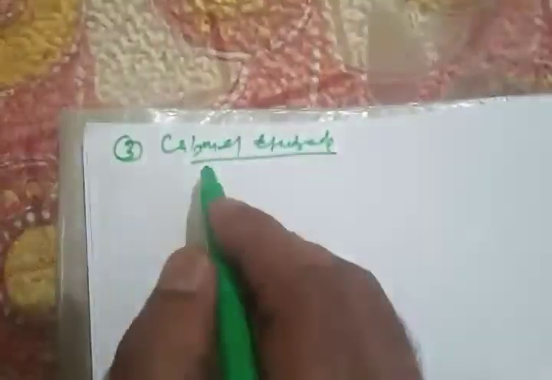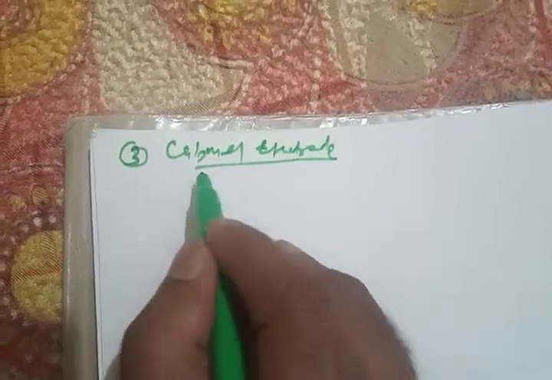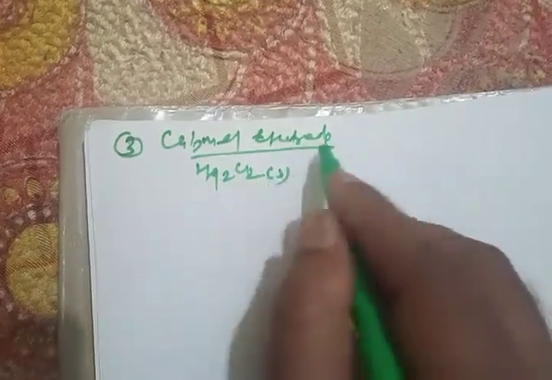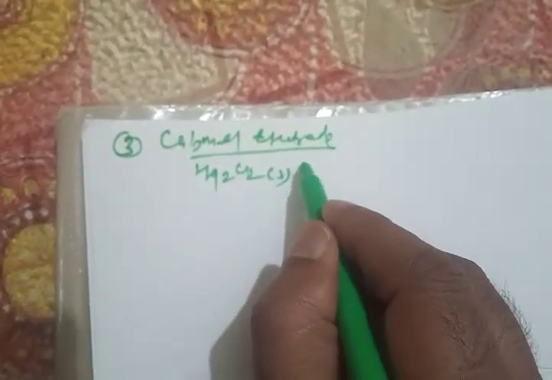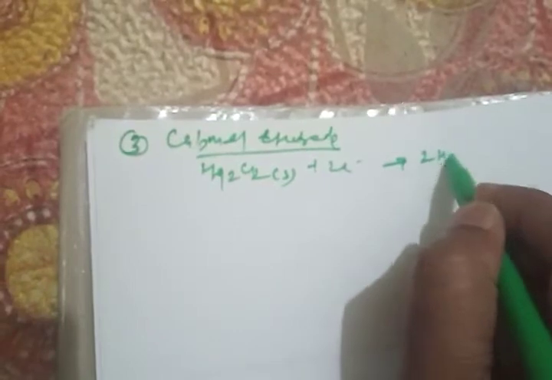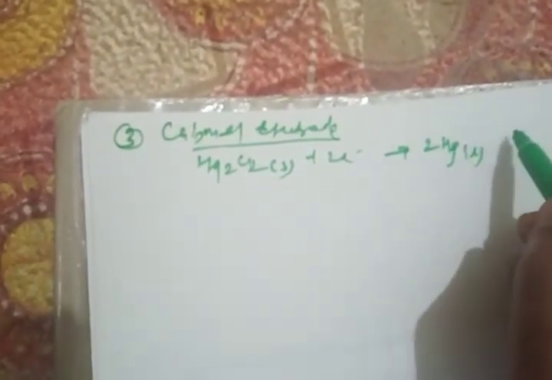So the calomel electrode, let's write the equation first. Hg2Cl2, the paste of mercurous chloride solid, with 2 electrons, will give 2Hg, in liquid state, and 2 electrons. So here we have 2 electrons, got it?